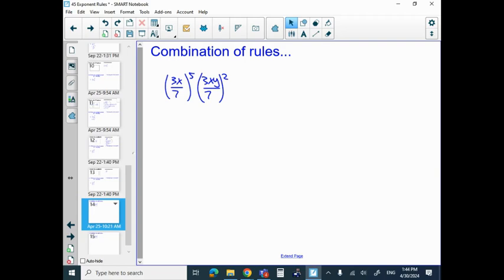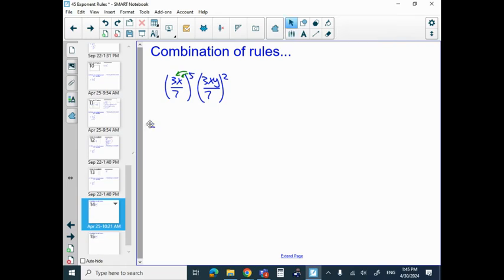So the final one here is just to say, okay, that's all the rules, but the combination of these rules. So if you're trying to do a question like this, you have to just do power rules step by step as you see them, right? So I would say, okay, well, the 5, that's the power of a product happening.